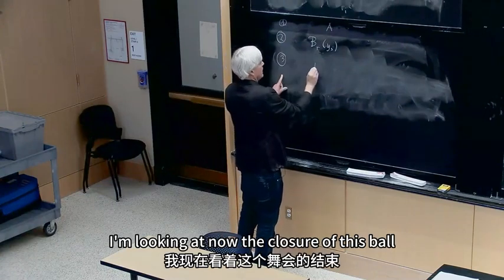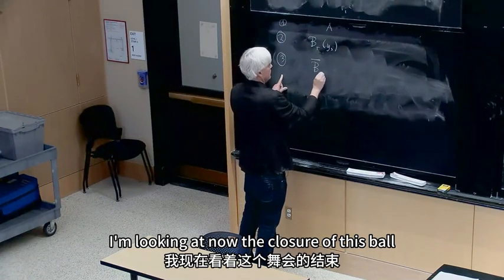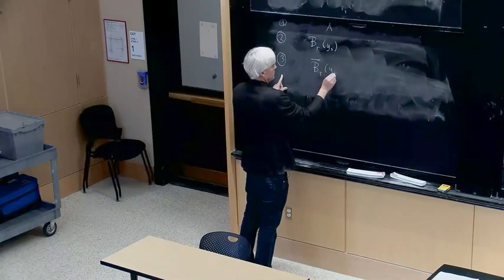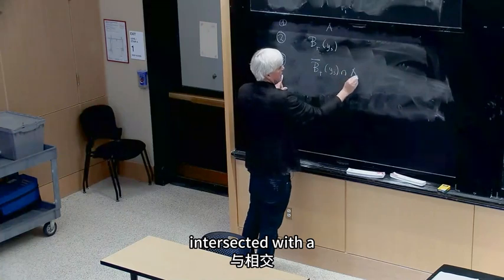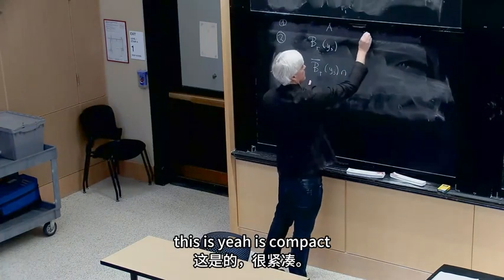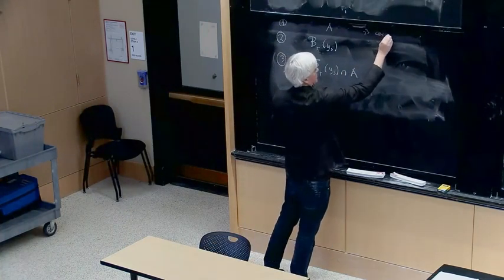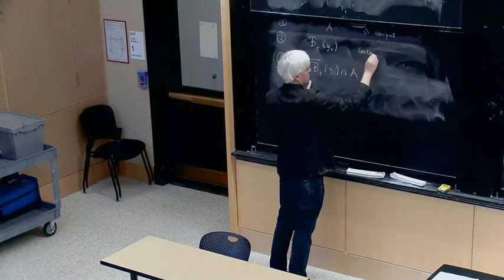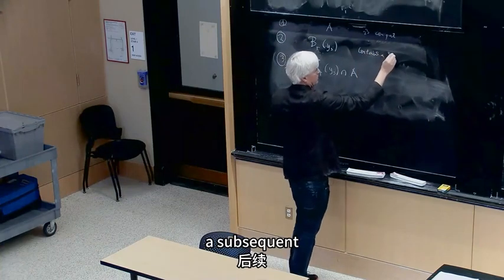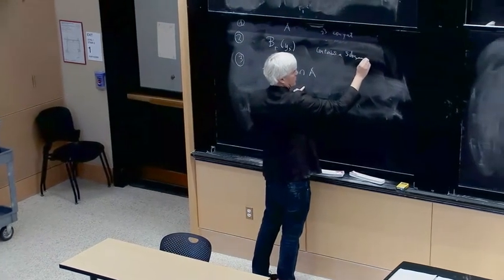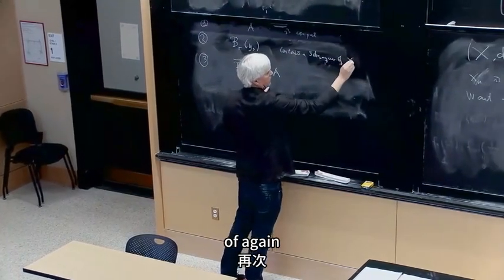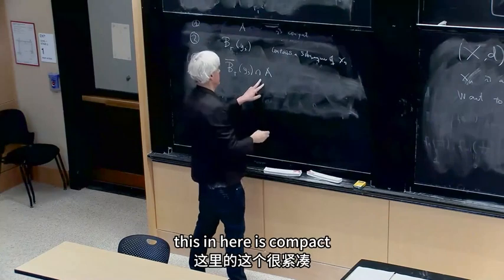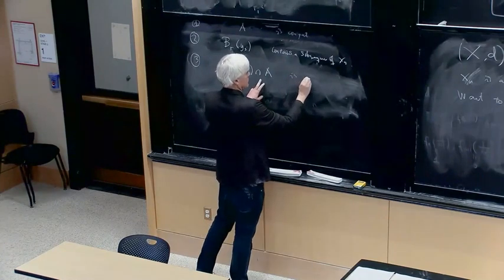Step 3, I'm looking at now the closure of this ball intersected with A. This here is compact. This here contains a subsequence of x_n.